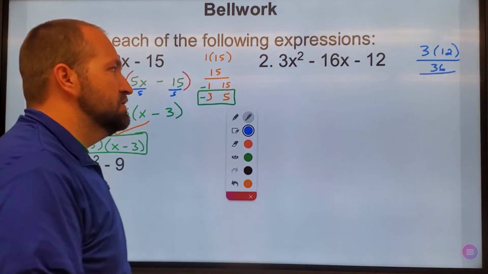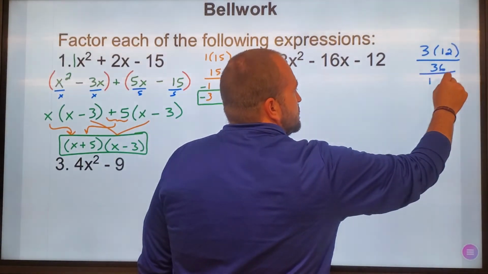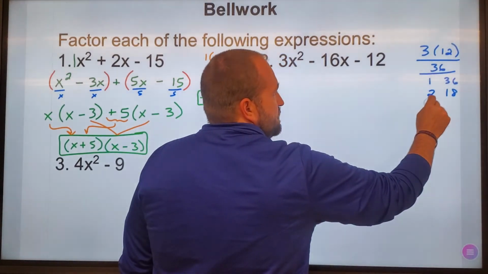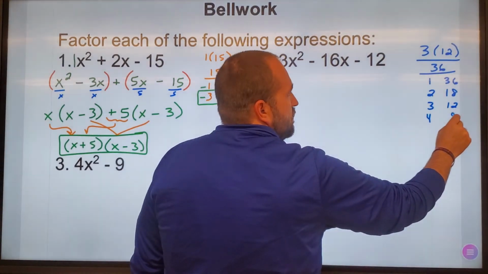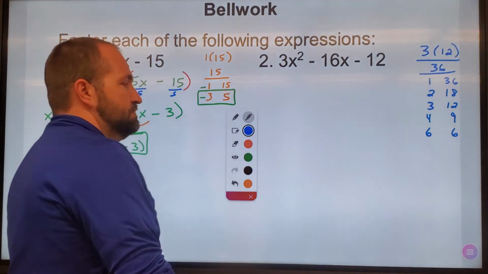You're going to find the factors of 36, again creating the U. So 1 times 36, 2 times 18, 3 times 12, 4 times 9, and 6 times 6.